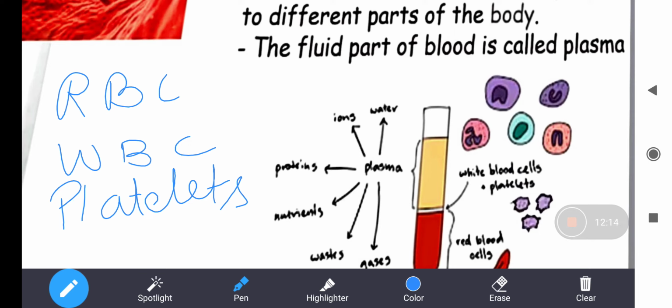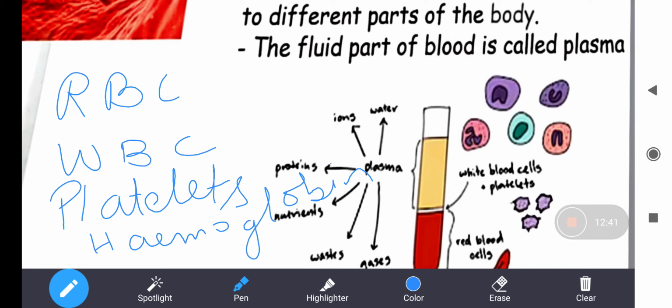Red blood cells, as the name suggests, are red in color. And yes, Ada and Deepika, your answer was right. It contains a red pigment which is called hemoglobin. Hemoglobin is an oxygen carrier.